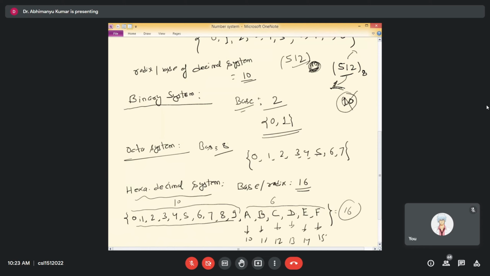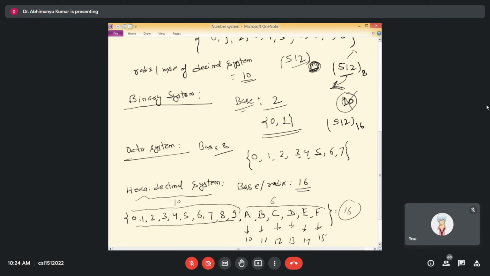And the same figure 512, if we claim it is represented in the hexadecimal system, we usually use the subscript 16, which represents the base. This could represent a different quantity if it is interpreted as a hexadecimal number, right?